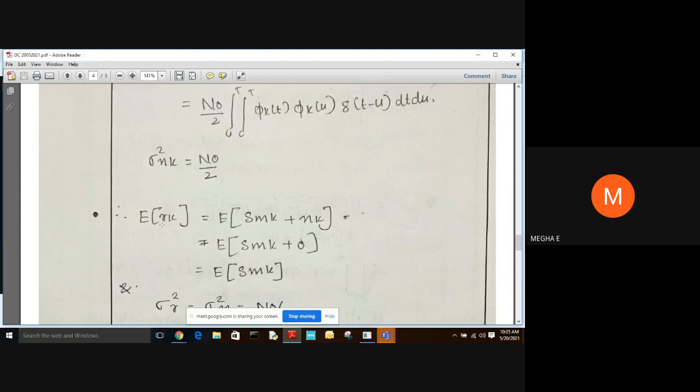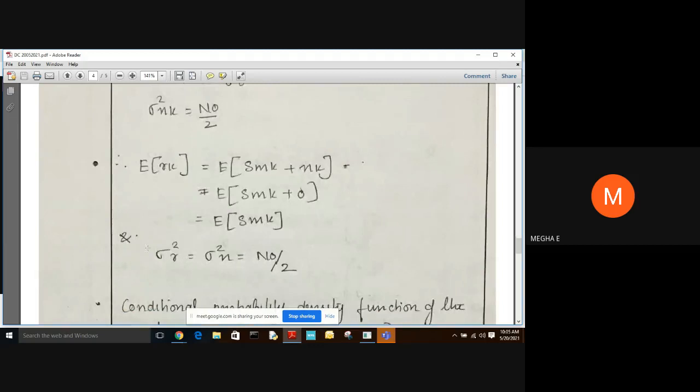The expectation of the kth correlator output Rk is equal to the expectation of the kth transmitted signal S mk. And the variance, sigma square r, is equal to sigma square n, which is N0 by 2, the variance of the noise component we already found.